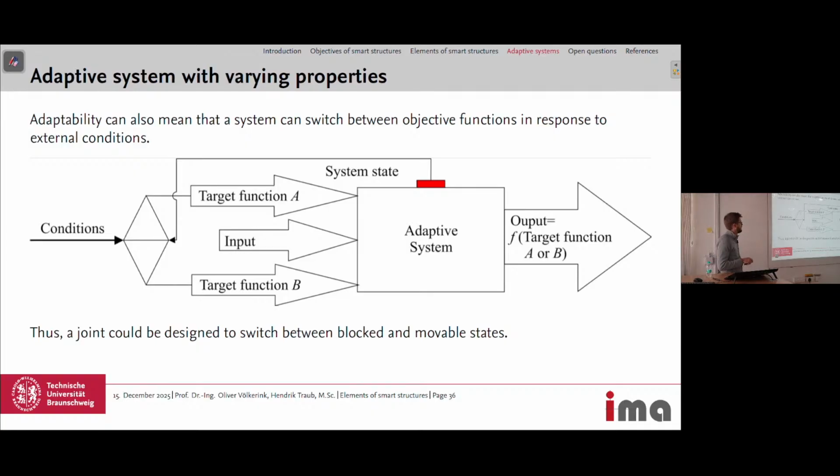It would also be these kinds of adaptive systems where you switch between target function A and B, takeoff and landing, and cruise flight. And if we take the droop nose for this, this would also be a smart structure. And in future applications, I also have a smart structure leading edge.